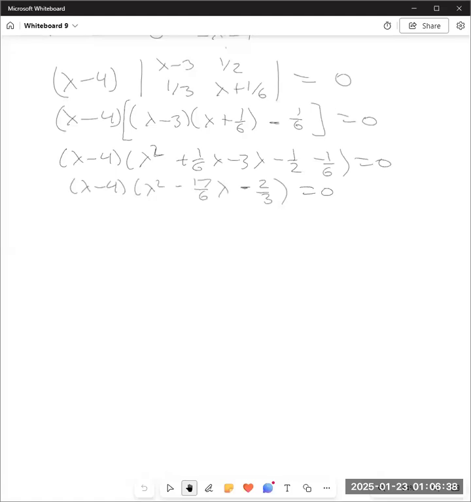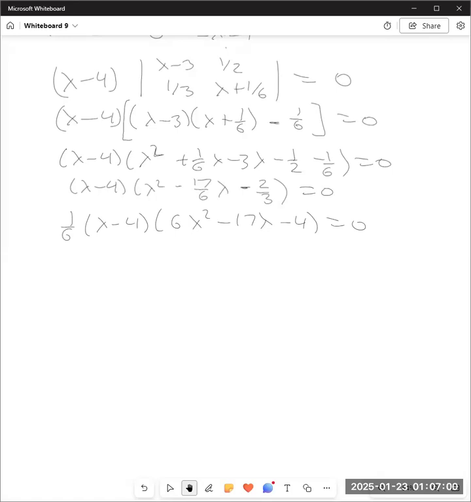Right, so I would like to go ahead and pull the 1/6 out here. It's not going to change my answer. 6 lambda squared minus 17 lambda minus 4 equals 0.